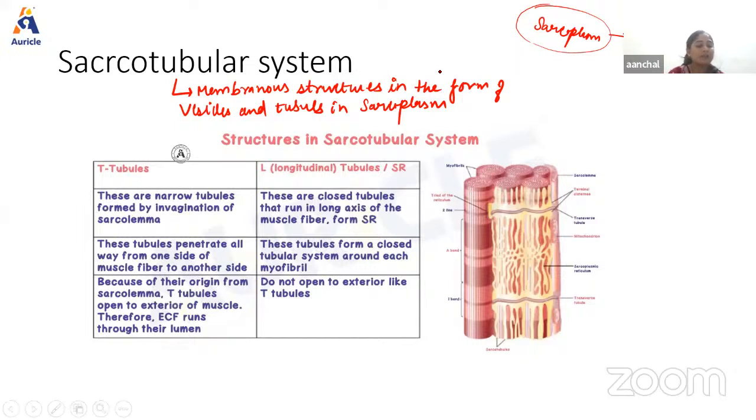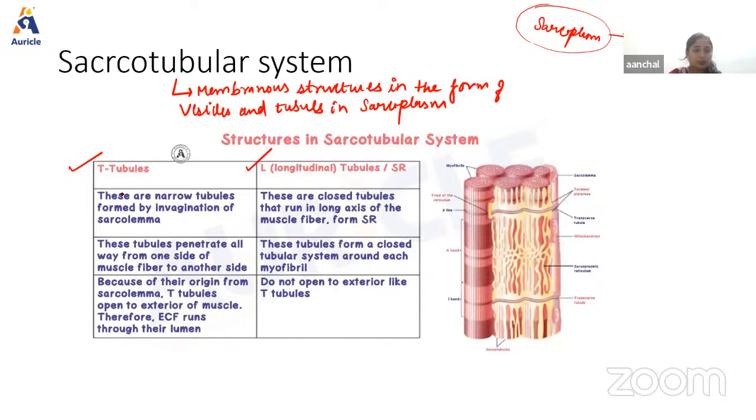And it surrounds the myofibrils embedded in the sarcoplasm. Now, the structures constituting the sarcotubular system are the T-tubules and the L or longitudinal tubules. One by one, we're going to talk about both these structures.